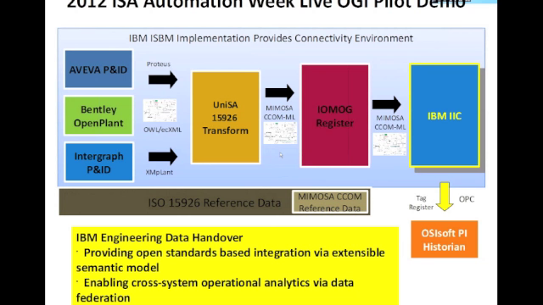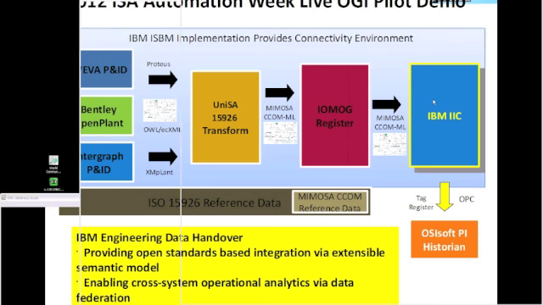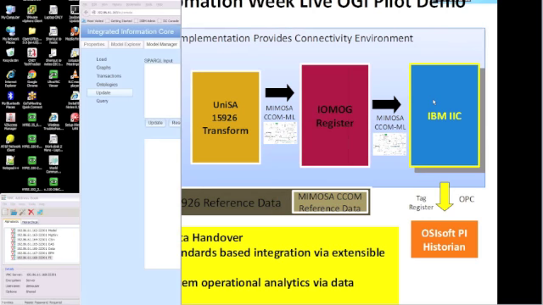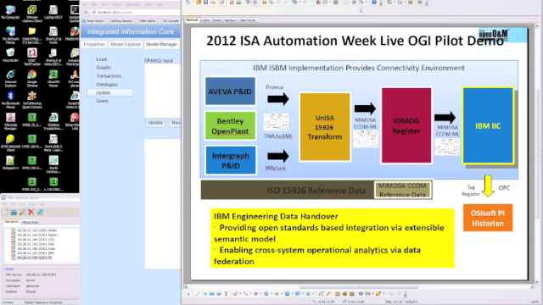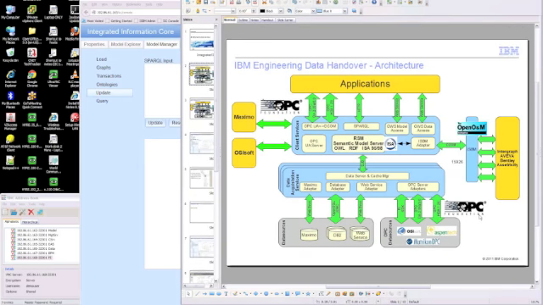We're going to pick up the data coming downstream from the register from Assetricity. Let me switch here to a little diagram that will show you the context. Over here we have IBM's implementation of the ISBM, which is the bus that all of the partners have been exchanging data on. This is out on the IBM cloud, available on the public internet.